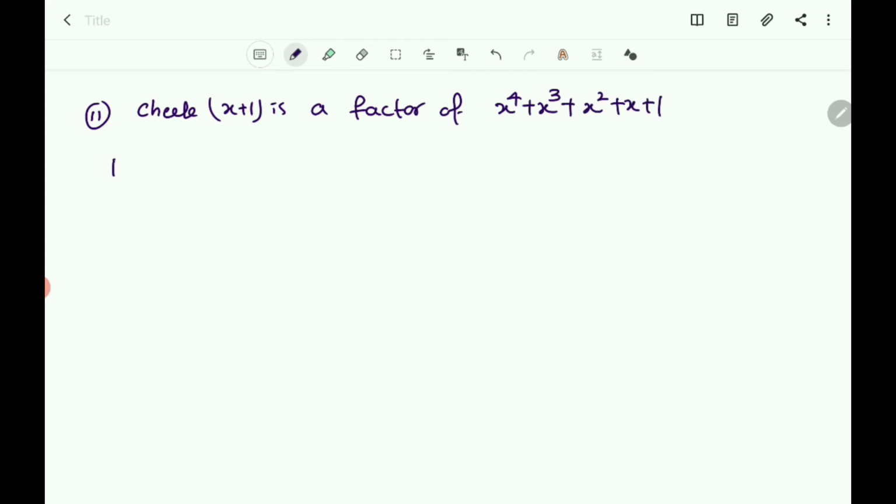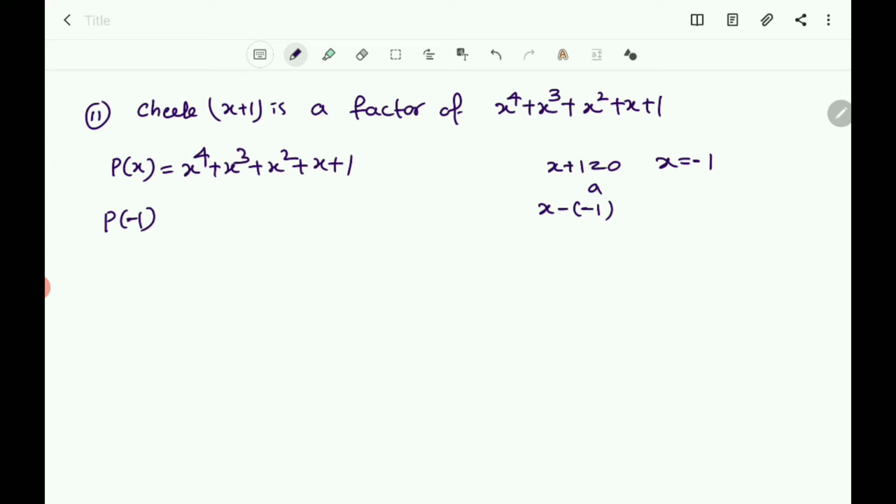So let us consider p of x equals x to the power of 4 plus x cube plus x square plus x plus 1. Again here, same, we have to take x equals minus 1, that is x plus 1 is equal to 0. That means x minus of minus 1. So here a is equal to minus 1, same here. So again you find p of minus 1 only.